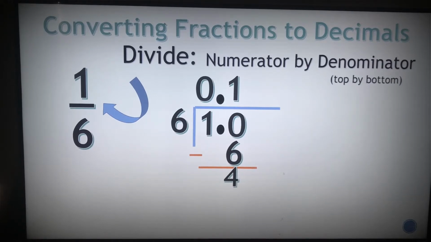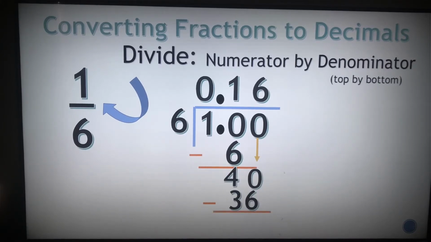We don't have remainders because behind that 0 we've already written is another 0. So I can bring it straight down. So now I'm dividing by 40. Or how many times does it go into 40? Well, 6 goes into 40 6 times. 6 times 6 is 36. So I'm going to subtract that to get 4 again.